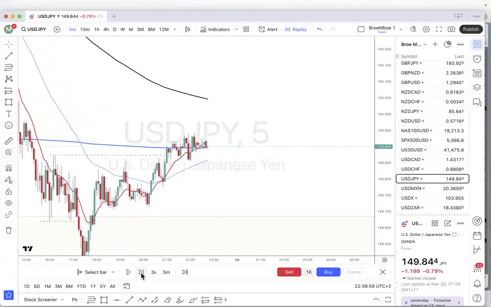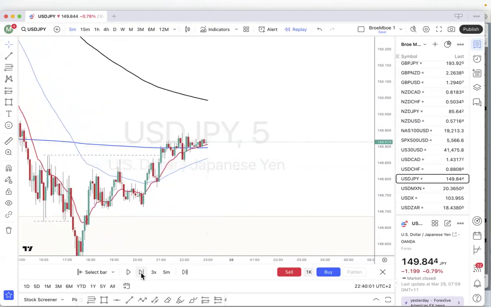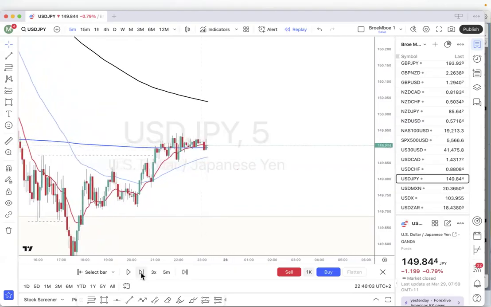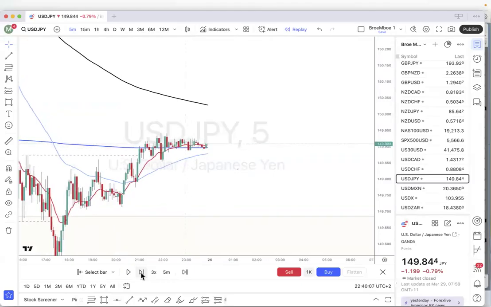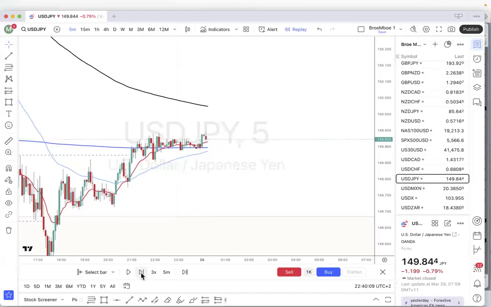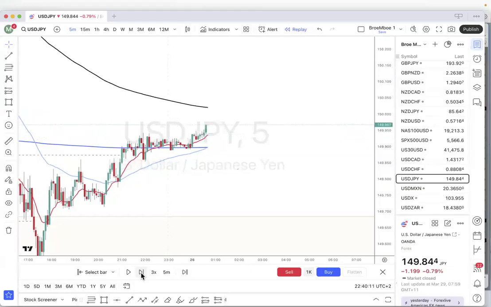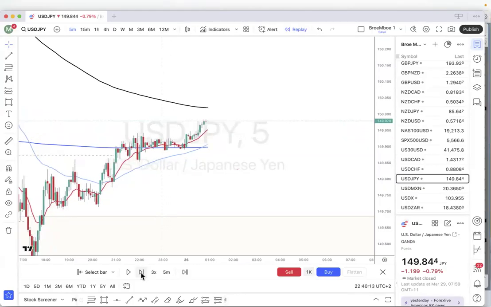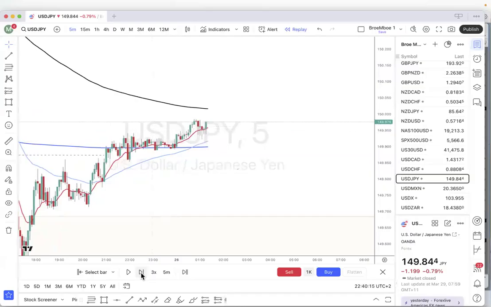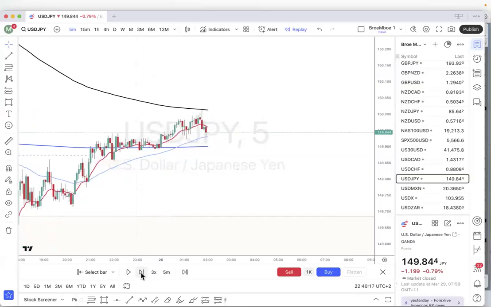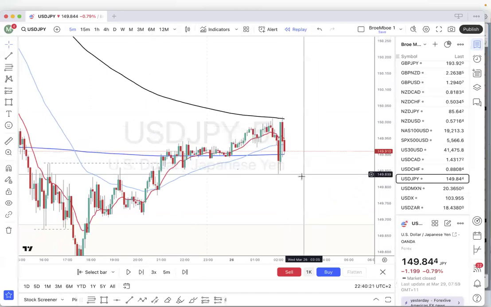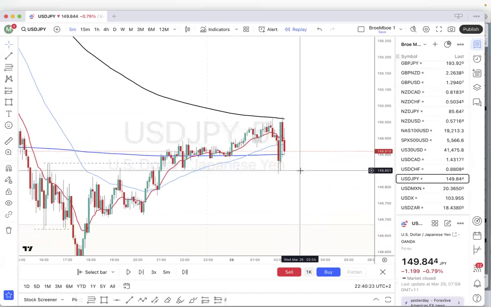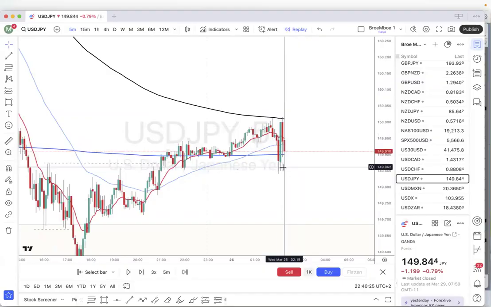All right. It doesn't want to come to my 50. But you can see how the 50 is actually coming to where the price is, right? Probably by then you'd have taken the trade if you want. Okay? Right there. That's where I was like, okay, that could be a good one.